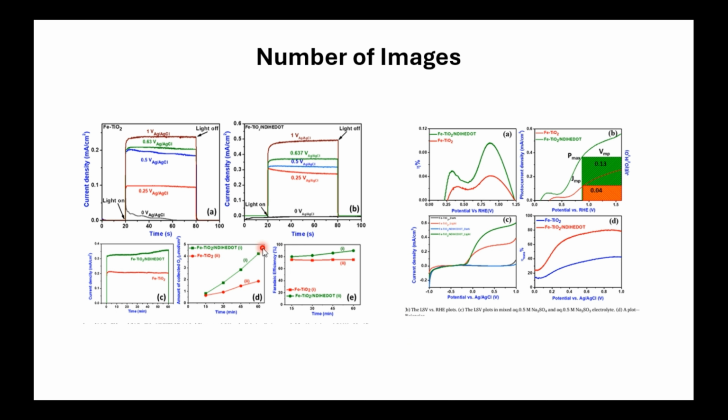Coming to the number of images, these are the two collage images I have taken from my paper to explain this. If I use this single image, then the number of images will be 1. If I use the two images A and B, then the number of images will still be 1.